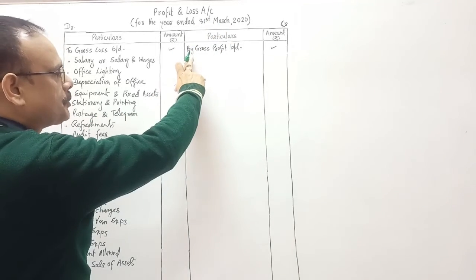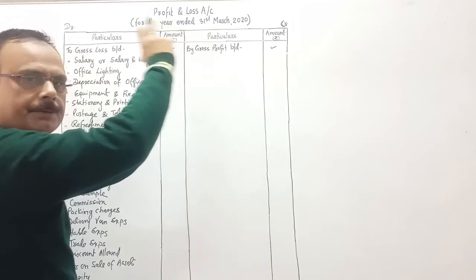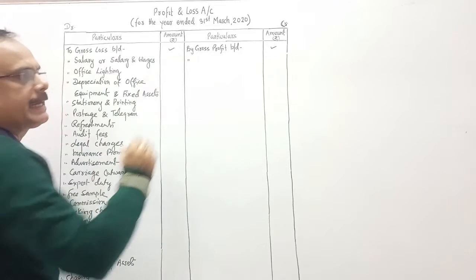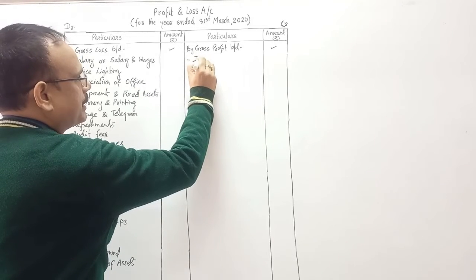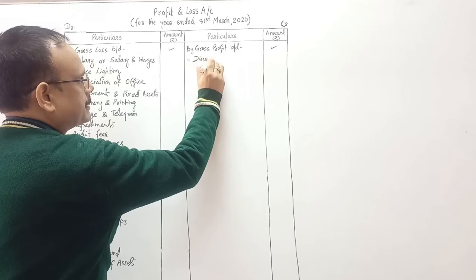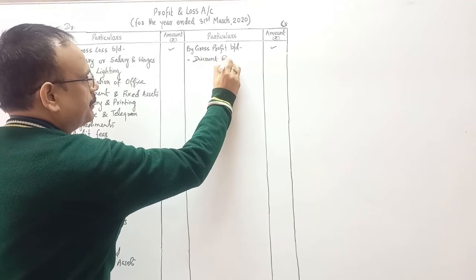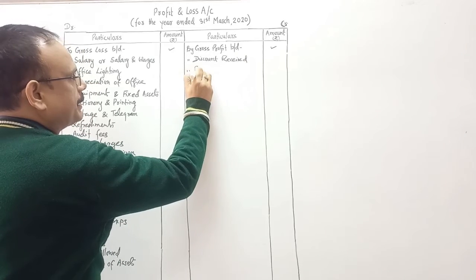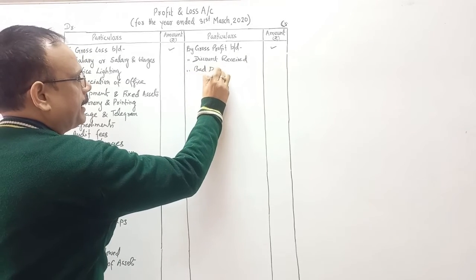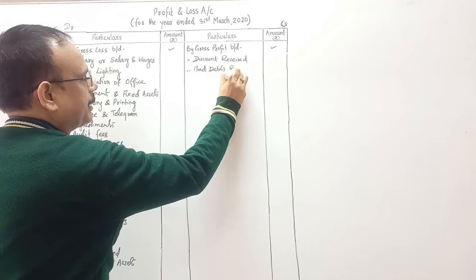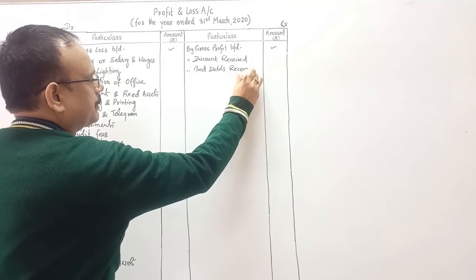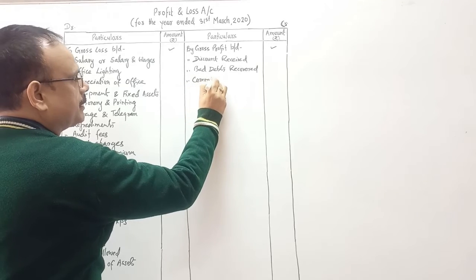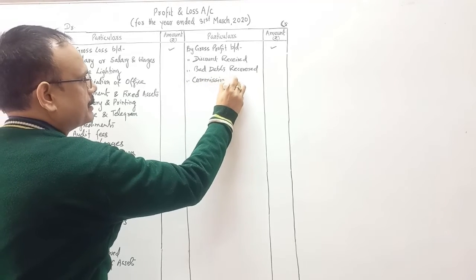First, if the gross profit is there, we will write the gross profit brought down from the trading account, and thereafter we will write all indirect incomes like discount received, bad debts recovered, commission received.